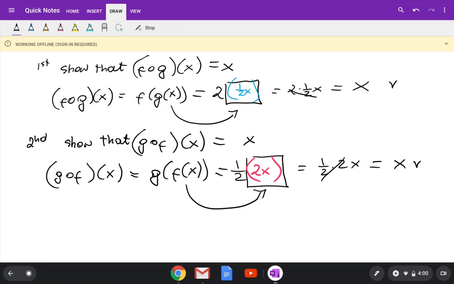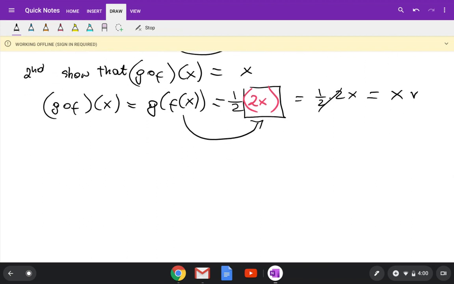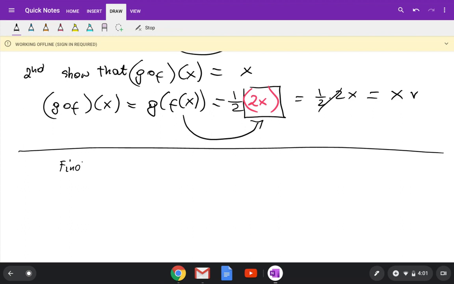Next one. Finding the components of composite functions. So that's the last one. The last examples in section 6.1 are going to be about finding the components of a composite function.